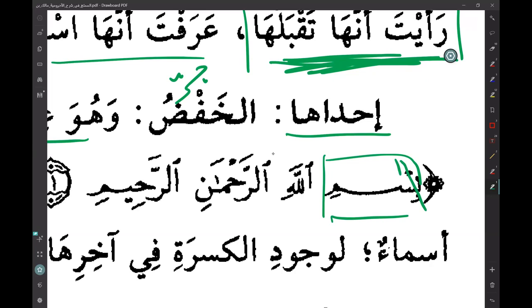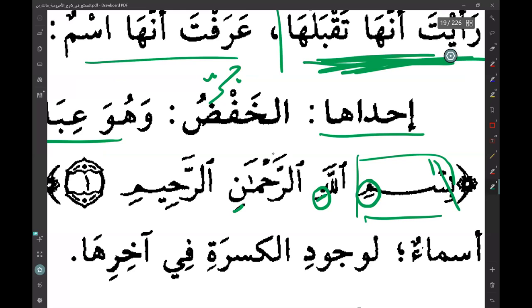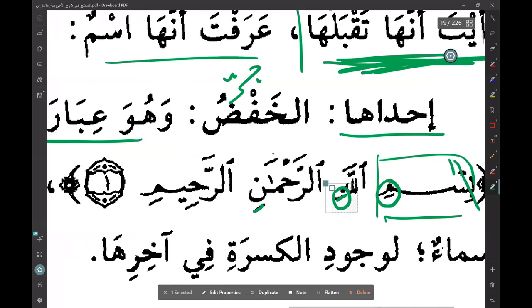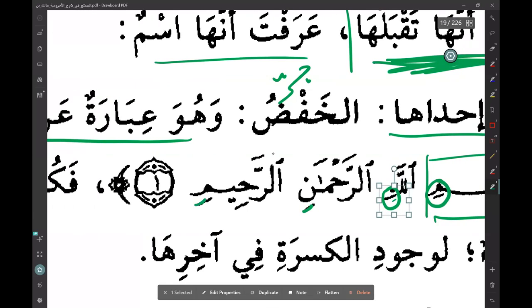Yes. Why? We see a very clear kasra. Allah is a noun. Forget about any other sign. We found our one sign, kasra. This is a noun. Ar-Rahman, we don't have to care about anything else right now. We see a kasra. This is definitely our noun. Ar-Rahim, it is a noun. Again, I keep on saying noun. I should be saying ism, because of course Rahim, this depends on how you look at it.